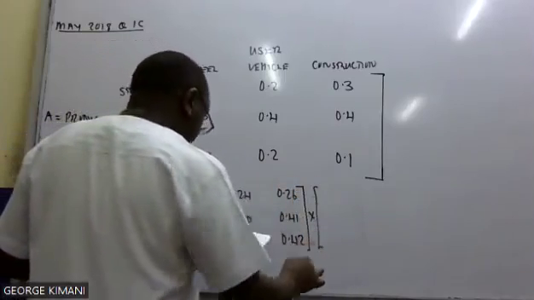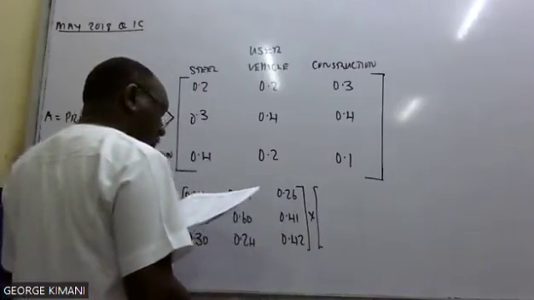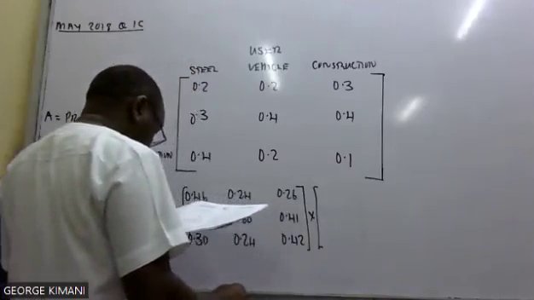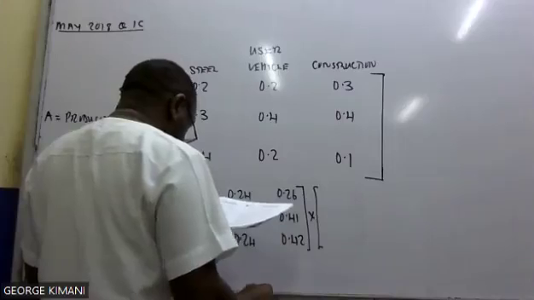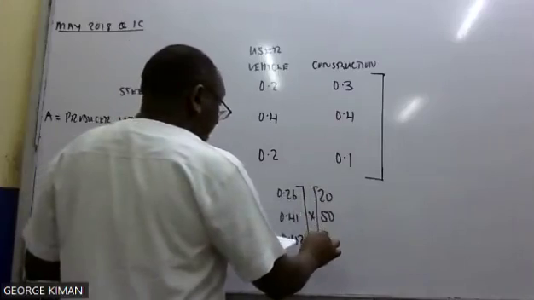We multiply by the new matrix. The final demand is 20, 50, and 30.